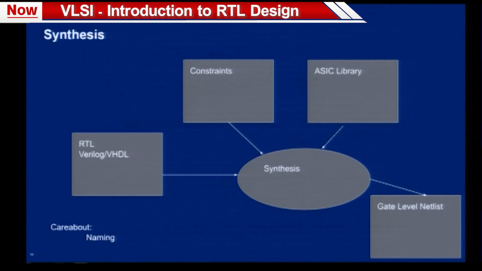Whatever objects existed in the RTL, it should try to keep similar names in the gate level netlist. And we will see slightly later why naming is important, but naming is an important consideration, not just the circuit realization, but you also want to make sure that the naming allows some kind of correlation, that this object in the netlist, what was this in the RTL, where did this object come from.